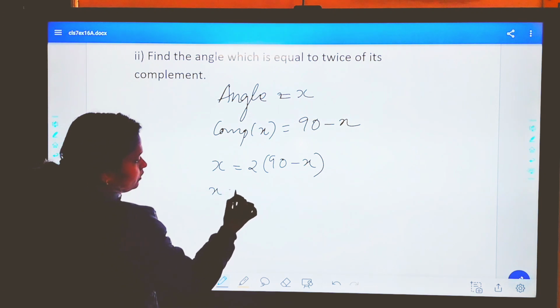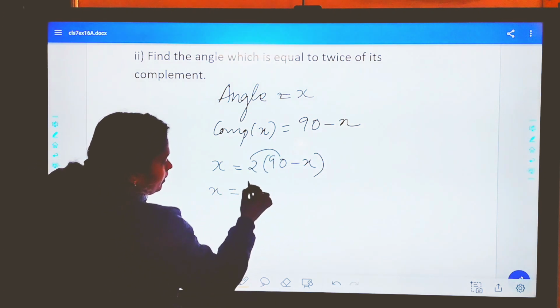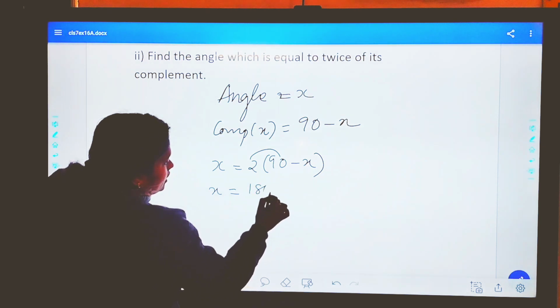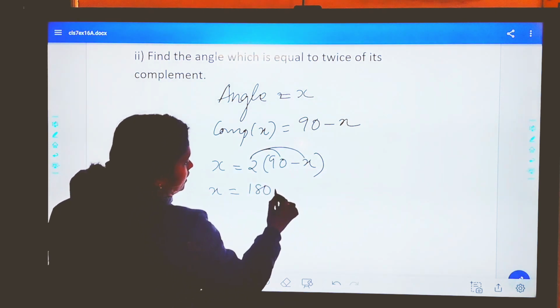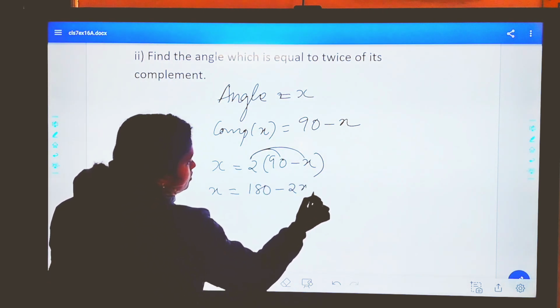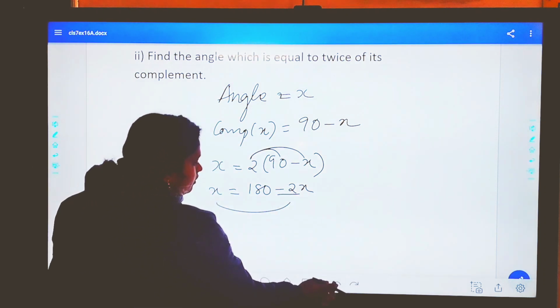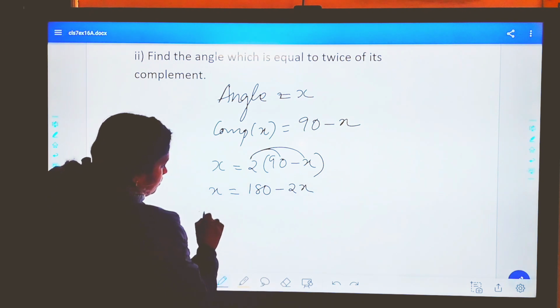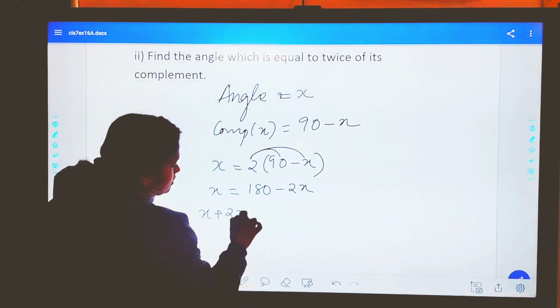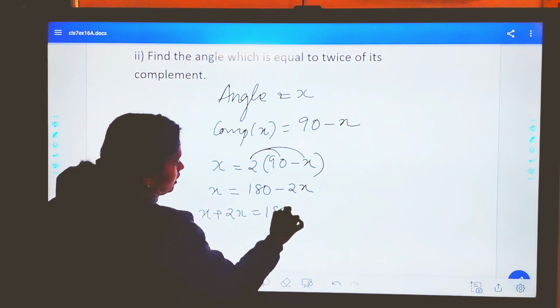So x is equal to, remove the brackets to multiply with 2: 2 into 90 equal to 180, 2 into minus x equal to minus 2x. Minus 2x take to the left side. It will be x plus 2x is equal to 180.